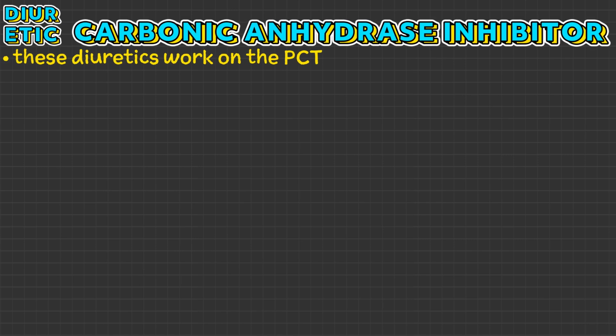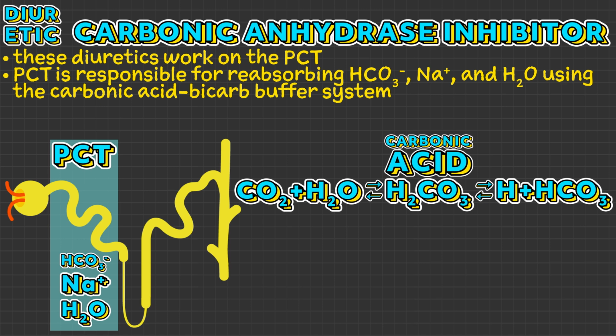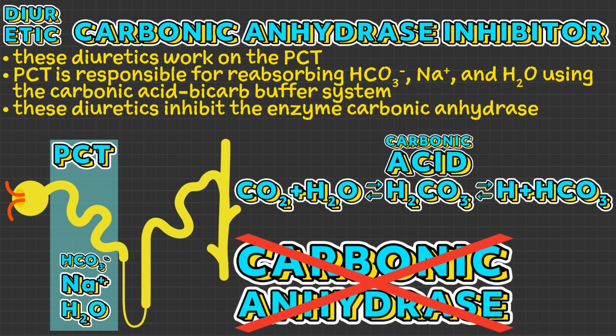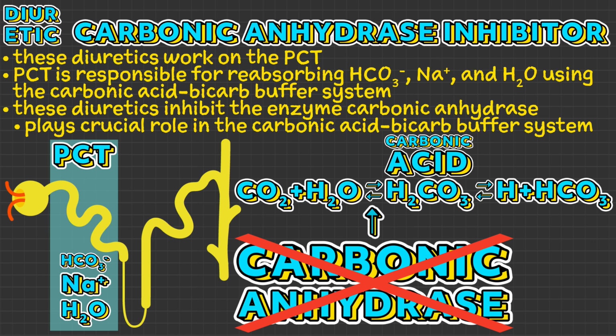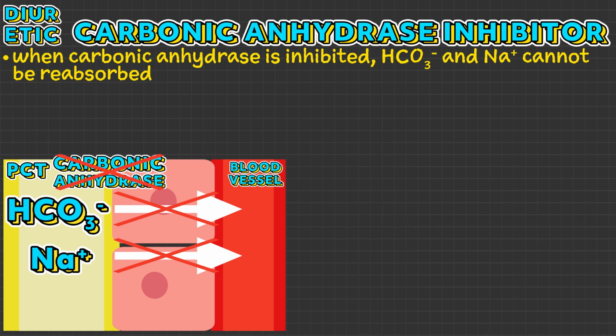Carbonic anhydrase inhibitors work on the PCT, which is responsible for the reabsorption of bicarb, sodium, and water, using the carbonic acid bicarb buffer system. These diuretics work by inhibiting the enzyme carbonic anhydrase, which plays a crucial role in this buffer system. When carbonic anhydrase is inhibited, bicarb and sodium cannot be reabsorbed, so they remain in the filtrate.